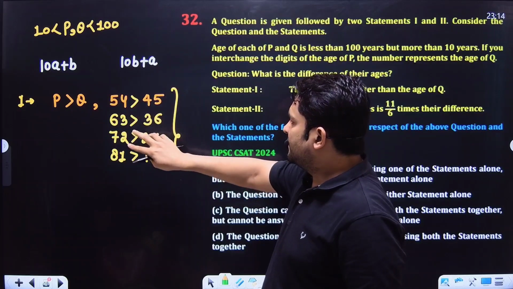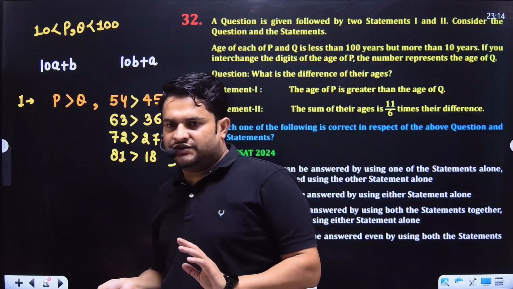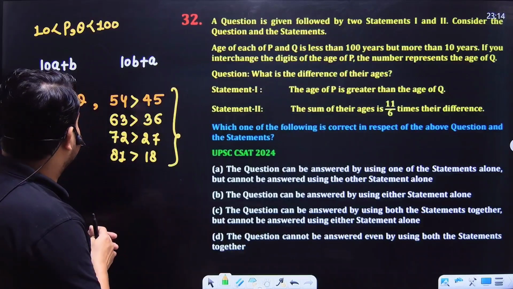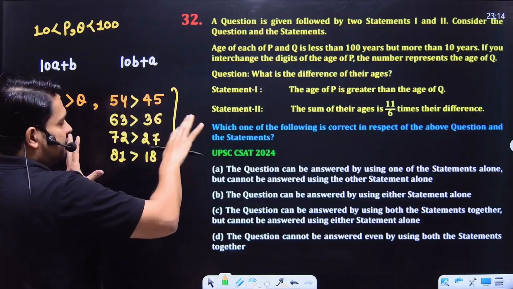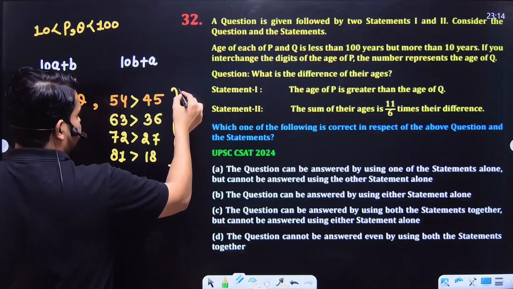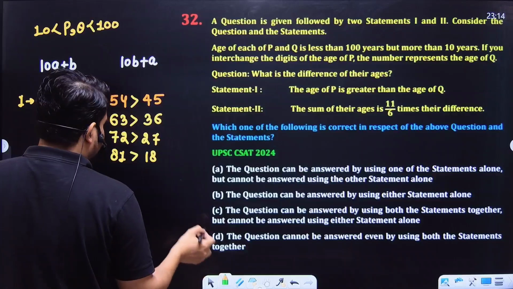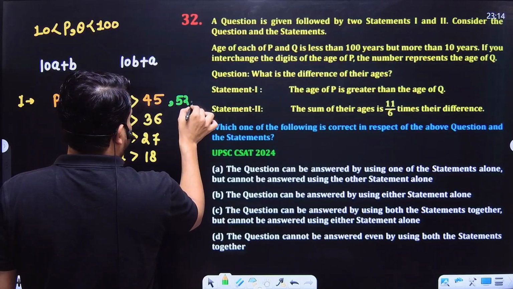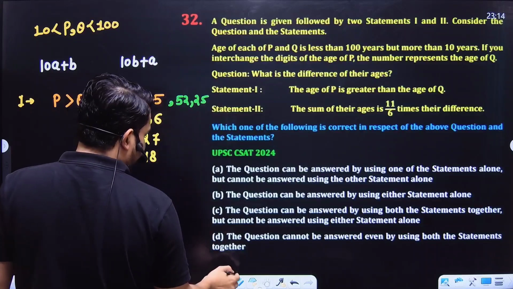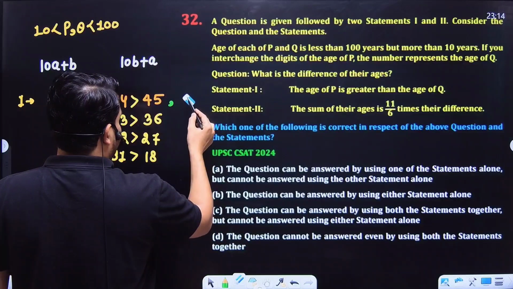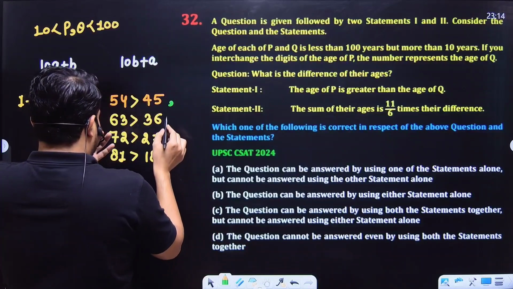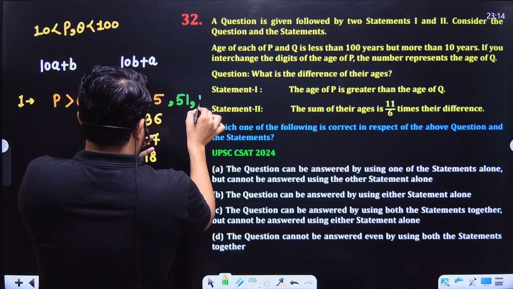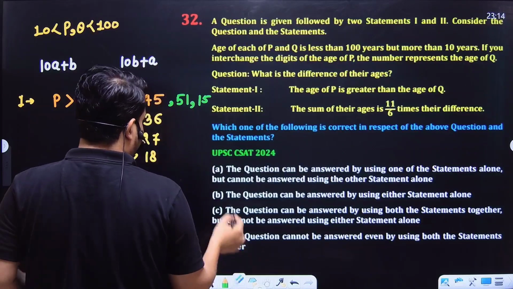If you interchange their digits, there are numerous values. If you take 52, then it will be 25. If you take 51, then it will be 15. So there are numerous values.